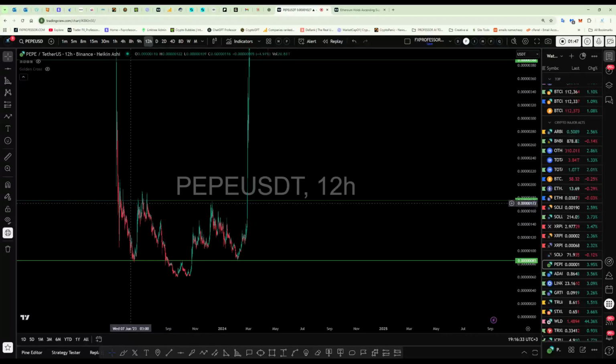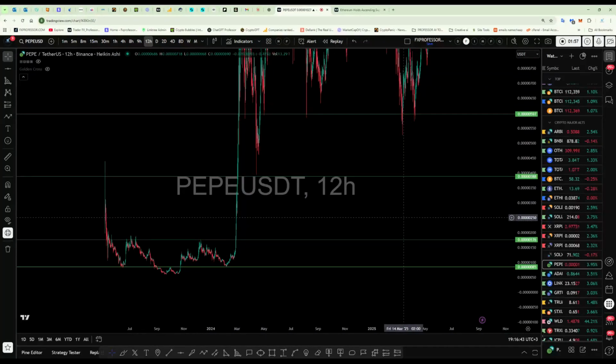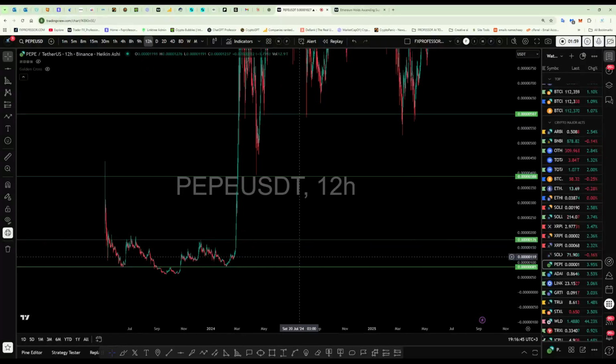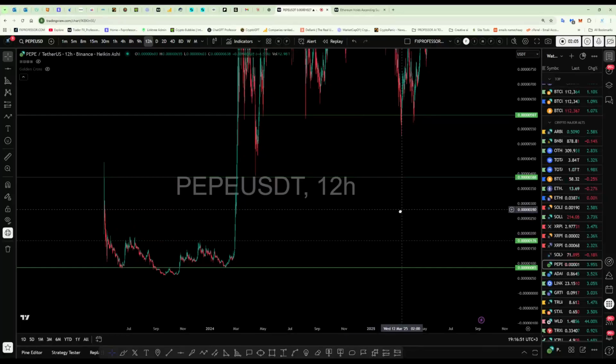Let's go to the second level. You see here we have resistance, resistance, and breakout. So again, that is a valid level, but they're too close. So I'm gonna keep that as a reference, but I'm gonna make it a secondary one.